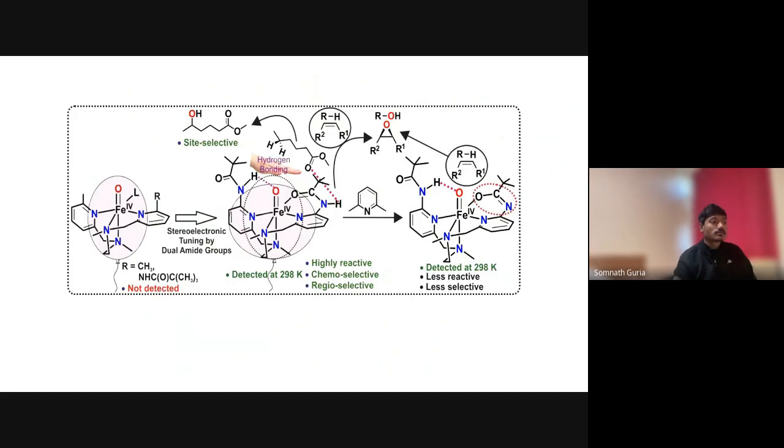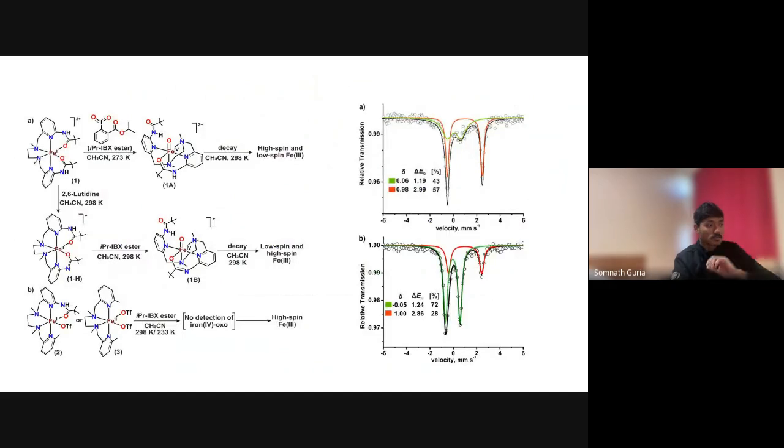Okay, this is one of the best results that has been found by their group, and then they want to isolate this iron(IV) oxo species and try to establish the mechanism.